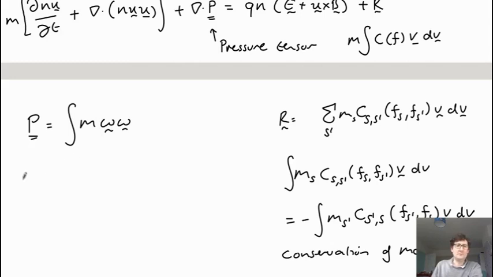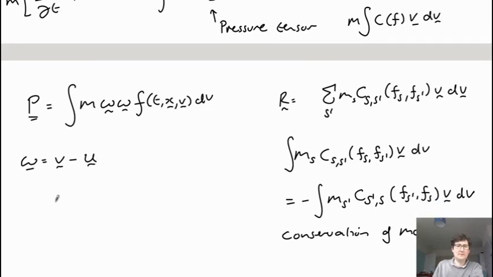So W is the velocity of the particle minus the flow velocity, the velocity of the particle relative to the fluid, and this is the distribution function. So it's the square of the velocity in the frame of the fluid. This is in 3D at least. This is a 3 by 3 matrix.